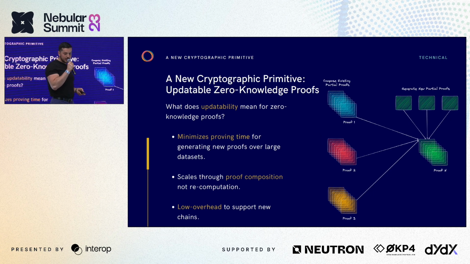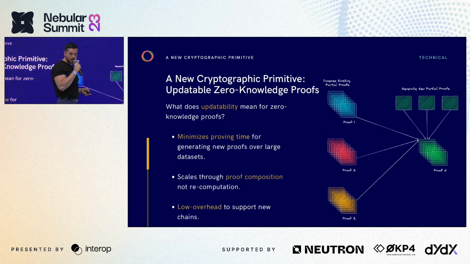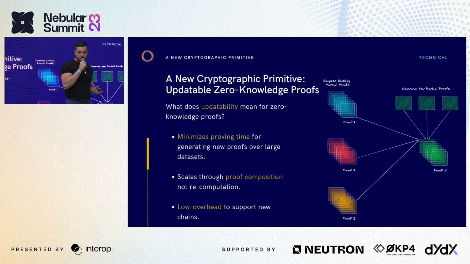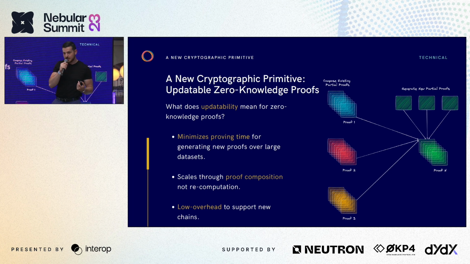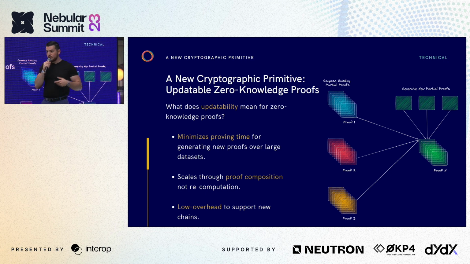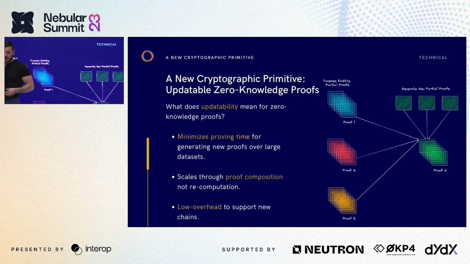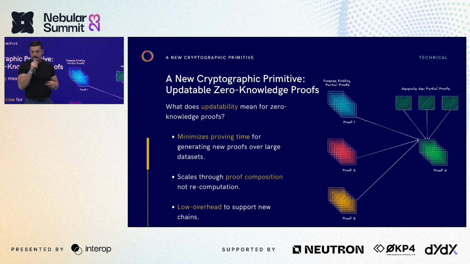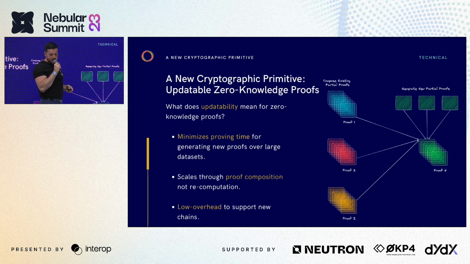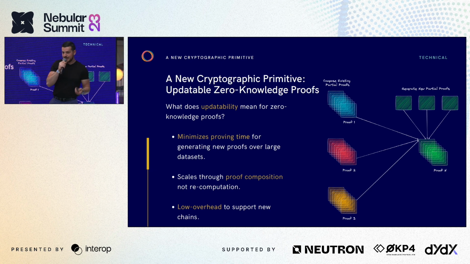This lets you minimize proving time and scale your computation through proof composition rather than through using incredible amounts of computation on the arbitrary run. And so this allows you to have these low overhead, highly expressive data connections between chains that make your application far better in terms of its access to data.